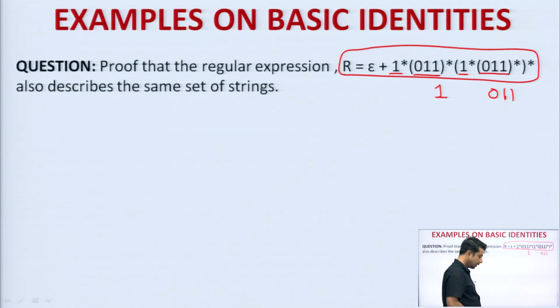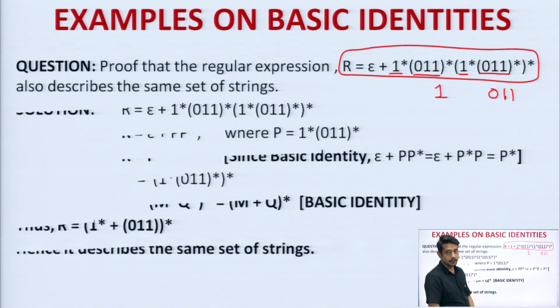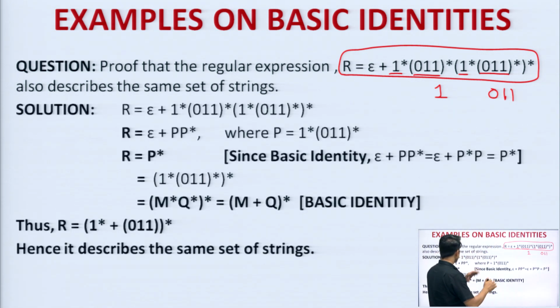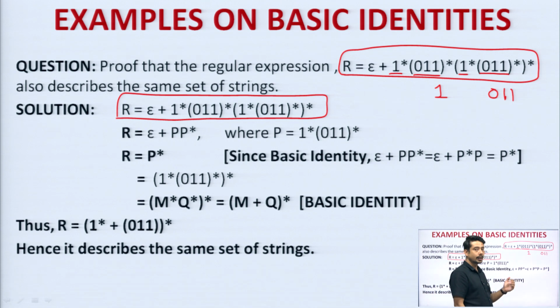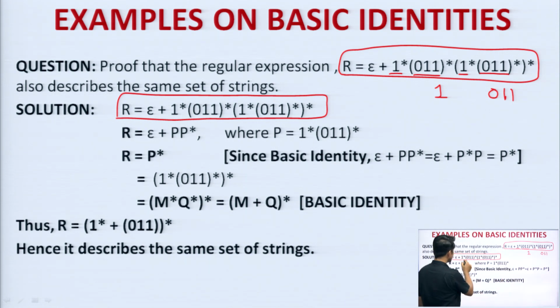Okay. Now, if I work through this particular question in a proper way, I will get the solution like this. See, the solution says that the expression will be in this form. I have understood the basic identities, so I will be able to analyze this question, correct. This 1 whole star, then 0 1 1 whole to the power star can be taken as a simple expression p.